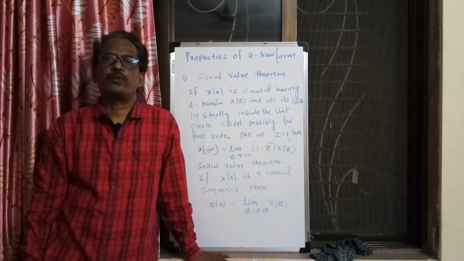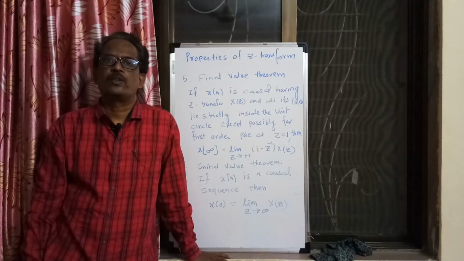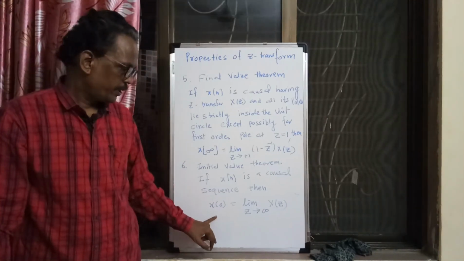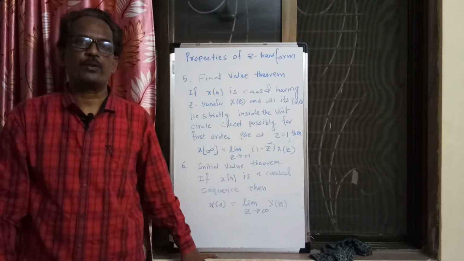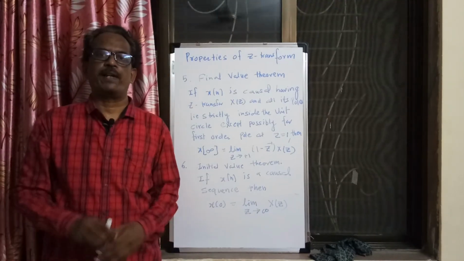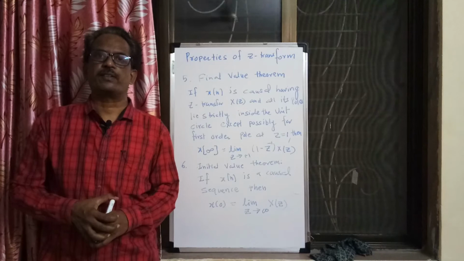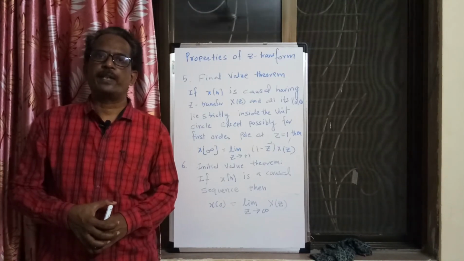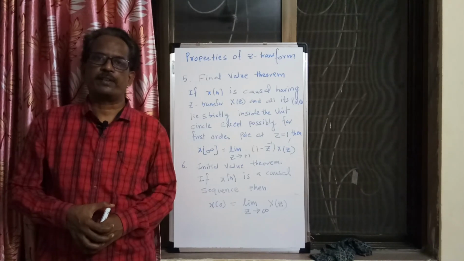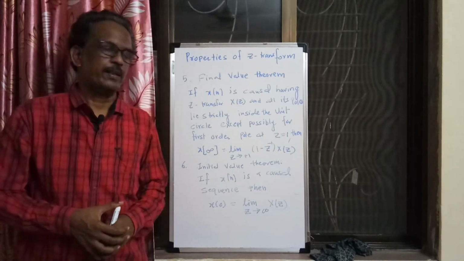And if I put z equal to infinity, definitely z inverse will be 0. So x of 0 is equal to limit z tending to infinity X of z. It is the initial value theorem. When we want to find the initial value of a signal, that is the value at n equal to 0, we can use the initial value theorem. The requirement is that the signal has to be a causal signal. Then we can always find the initial value.